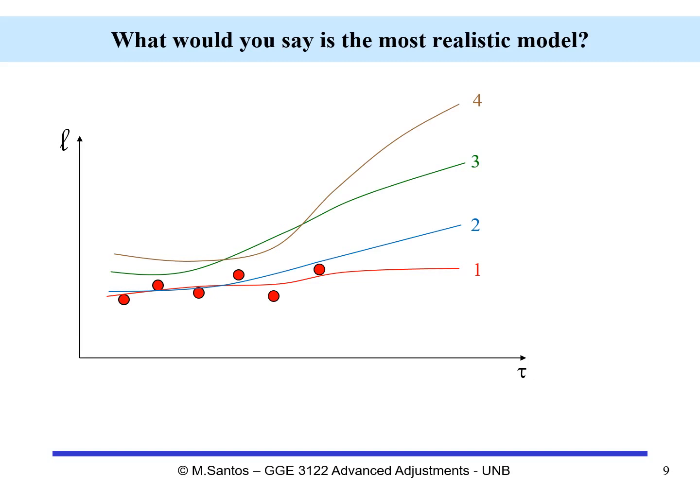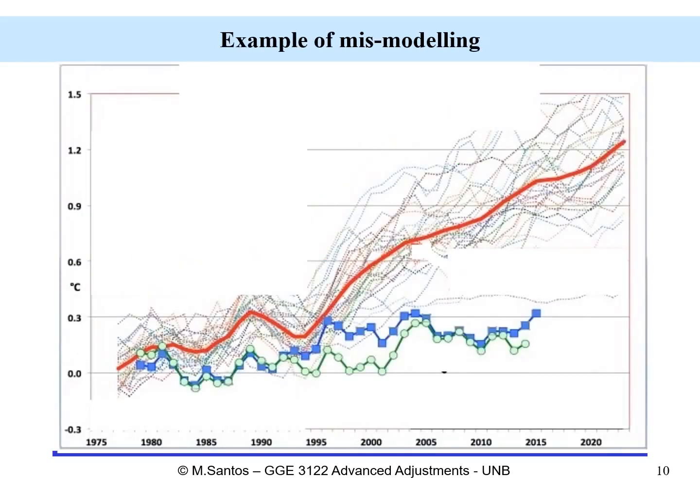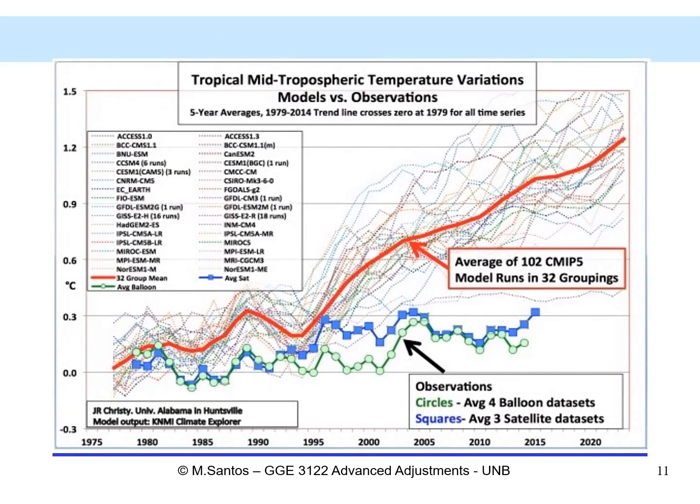Let's consider a similar current situation. The information shown in green and blue represent observations. The thin lines represent different models, and the red line represents the mean model values. What do you think? Let us look at what those different symbols really mean.